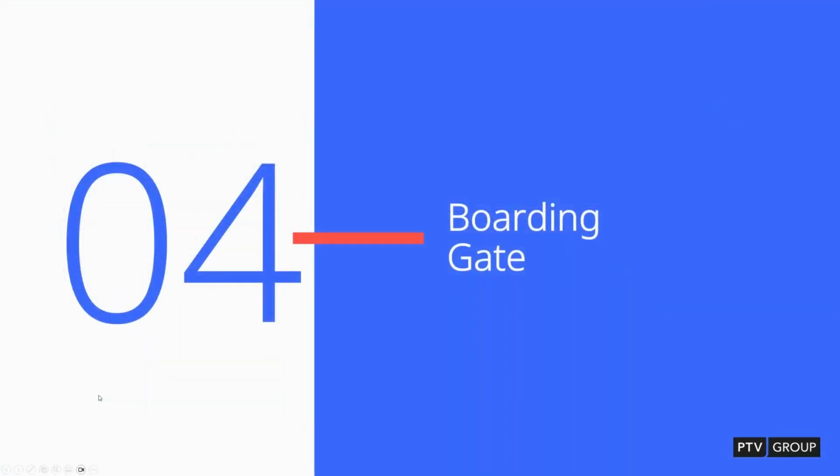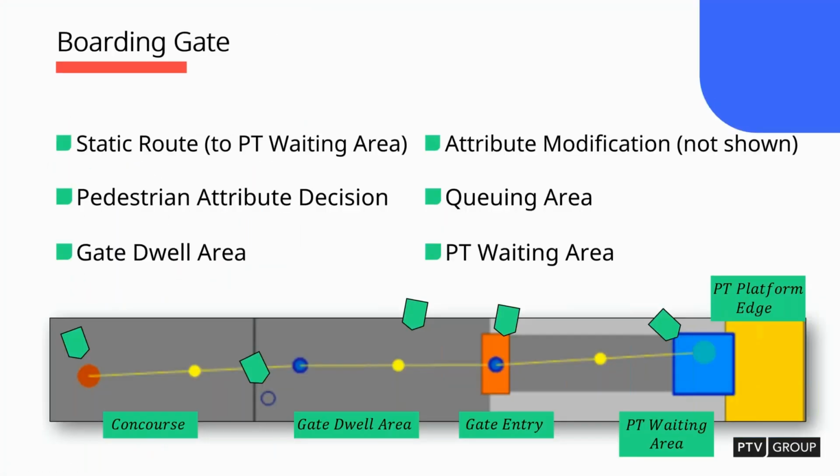So once you've moved on to your departing gate or your boarding gate, we're going to use a static route to navigate people to the platform edge. Now, in this case, we're using a public transit vehicle to act as the airplane, but you can imagine if this is like a touring bus or a shuttle or something, similar thing, right? So we have a looping public transit vehicle that will arrive and dwell for a specific amount of time.